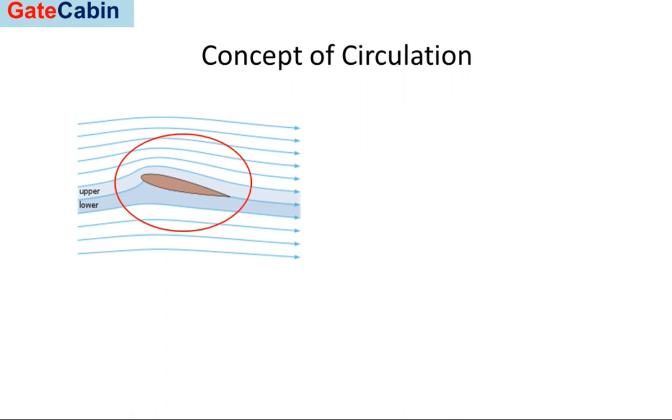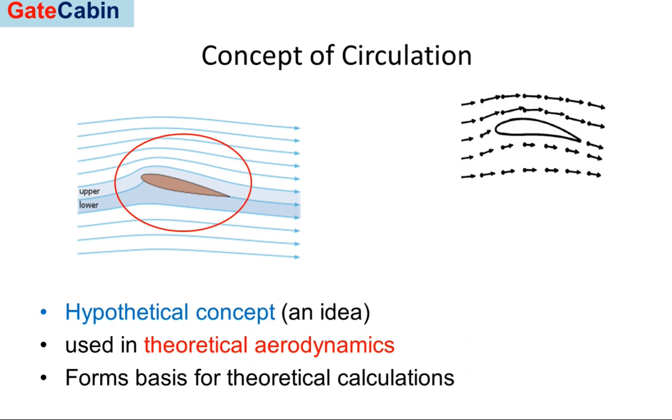When a fluid flows over the surface of the aerofoil, we can actually talk about it. The velocity over the surface of the aerofoil is represented somewhat like this. You can see these velocity vectors have different lengths: a smaller value is here, a larger value is over here.